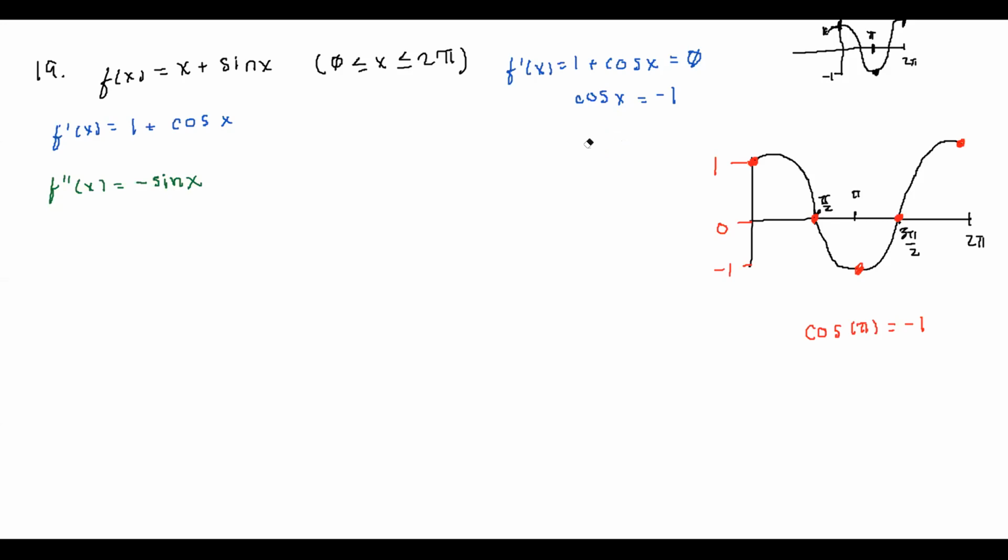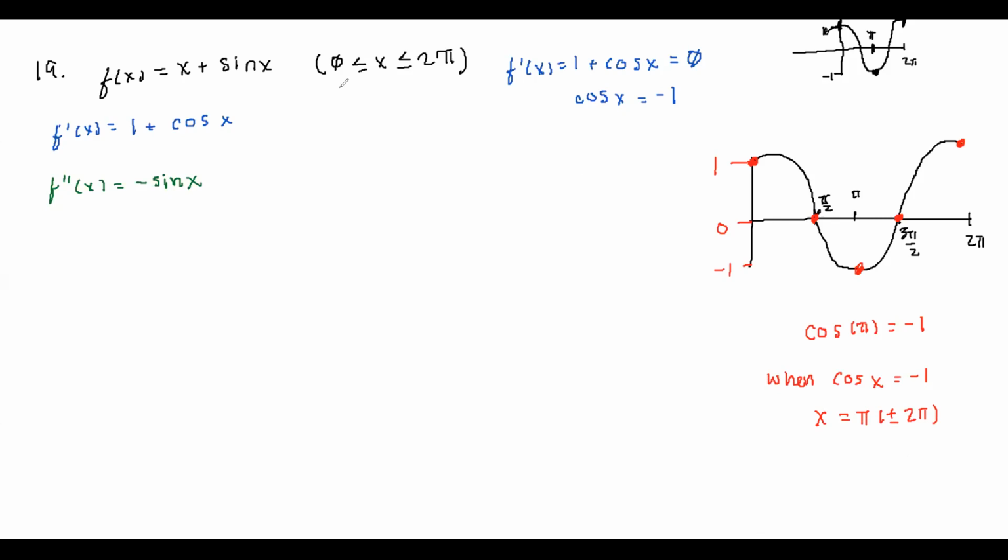Okay. So basically what I'm saying here is when cos x is equal to -1, x is equal to pi plus or minus 2 pi, because it's a cosine graph.